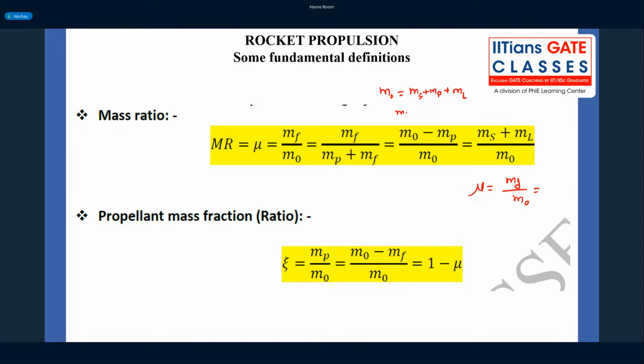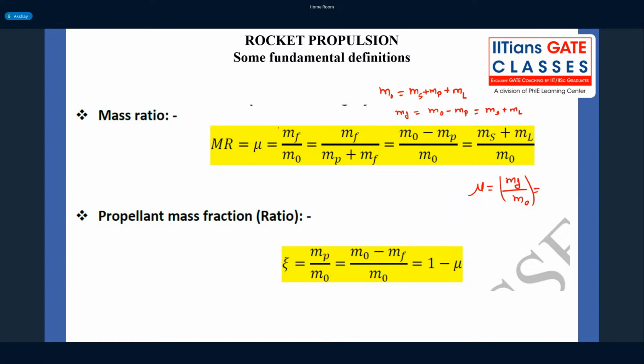So the final mass I can also write as the initial mass minus mp, or that is also equal to the structural mass plus the payload mass. You can play along with these different relations to represent this mass ratio in different forms. That will be helpful in your numerical calculations.